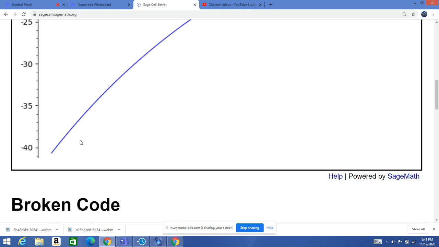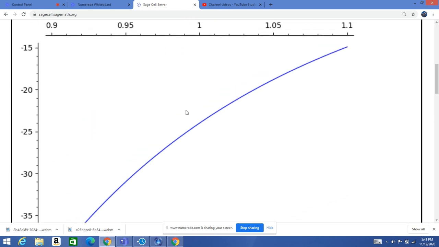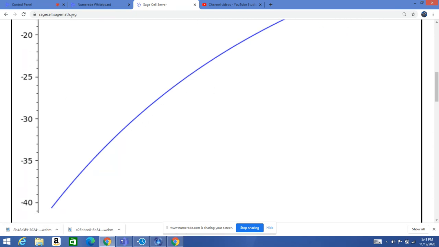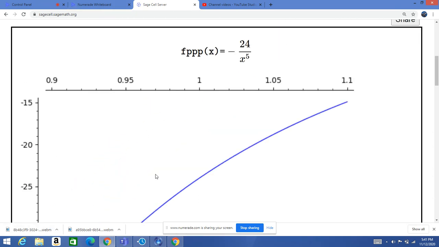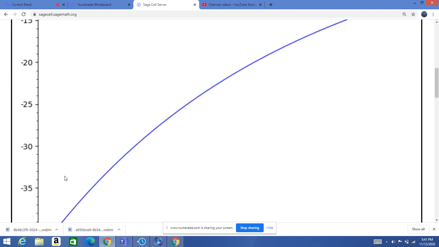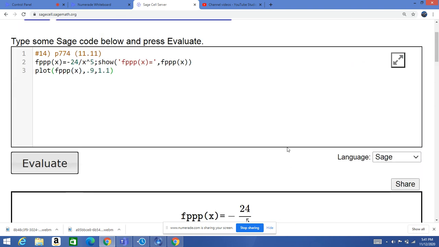So the maximum absolute value would be at 0.9, wouldn't it? Yeah, the absolute value is the largest there. So I'm going to say f triple prime at 0.9 is what's going to give me the error term.